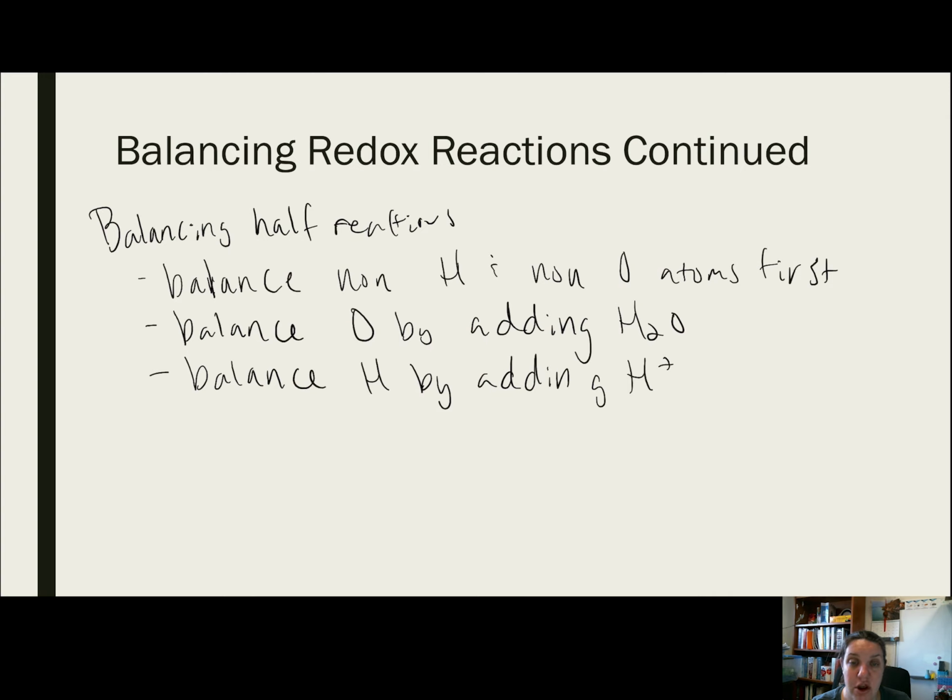After you've done that, you're going to balance out your charge. So both sides of your oxidation reaction or reduction reaction should have the same charge. So you're going to add electrons to the more positive side of the reaction.